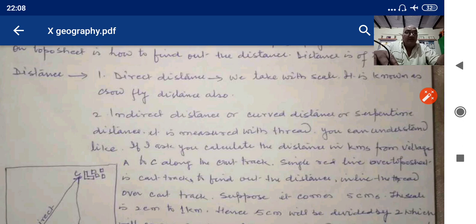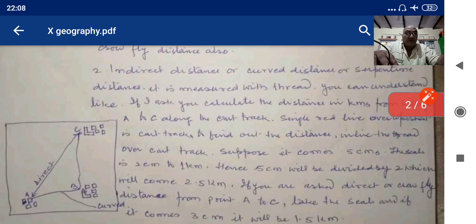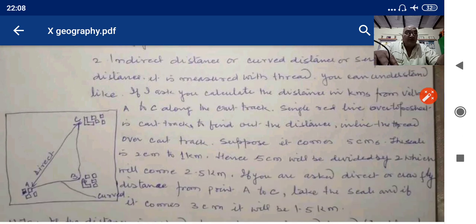You can understand like if I ask you to calculate the distance in kilometer from village A to C along the cart track. Single red line over the topo sheet is cart track.